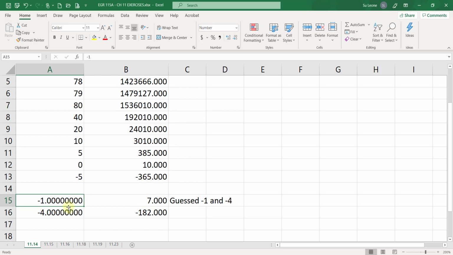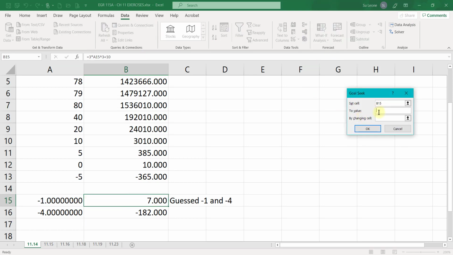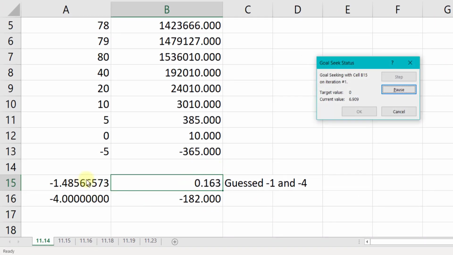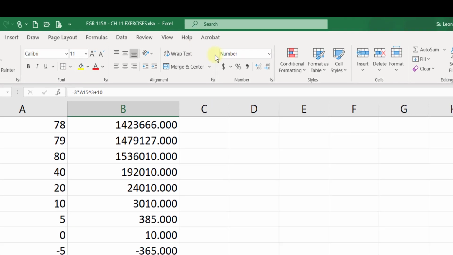So we guessed -1 and -4, and here we go up to Data, What-If, Goal Seek, and here's another one where we want it to be 0. So we're going to change our guess. All right, let's see if this is actually 0.